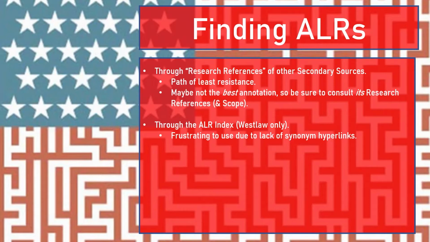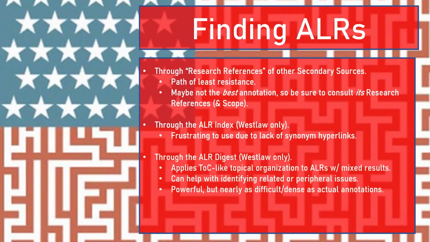Similarly, Westlaw also has the ALR Digest, which is a really powerful tool. It tries to apply the same concept of topical organization that you see in your headnotes and the key number system to the body of ALR annotations. And it is, like I said, a very powerful tool, but it's also dense, it's also difficult to use, so you're going to want to put the time into mastering ALRs themselves before you really try to incorporate it into your research approach.